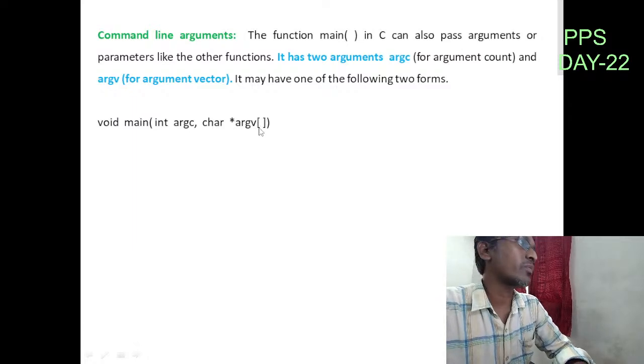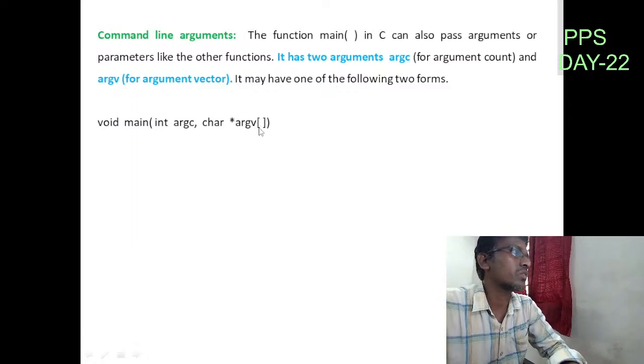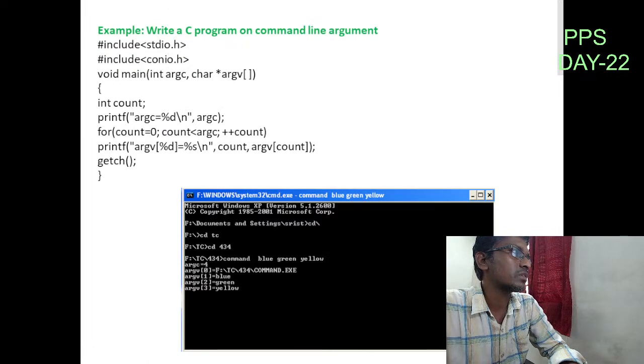Now I'm going to show how to write the program on command line arguments, and after that how to execute this code. This is a program for command line arguments. I'm going to pass two arguments in the main function: int argc, comma, char star argv.